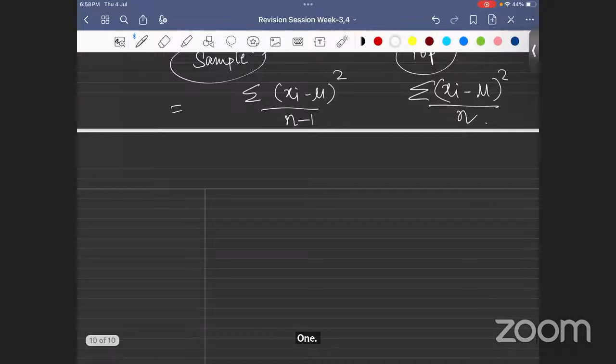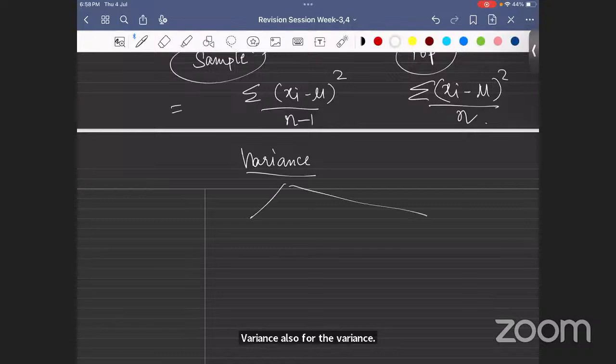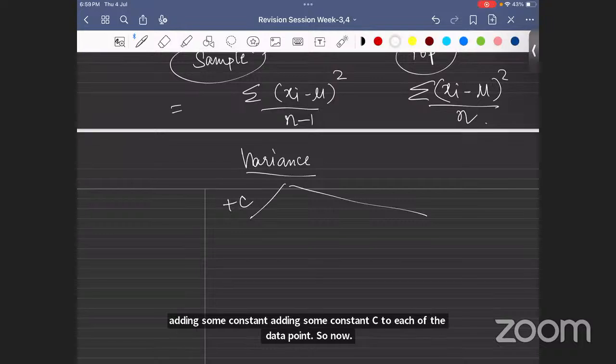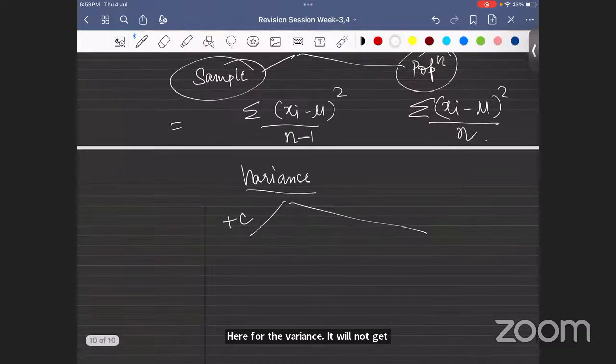And for the variance also, maybe you can add some constant. Now if you are adding some constant C to each of the data points, the variance will not get impacted. Because in this variance, what are we calculating?